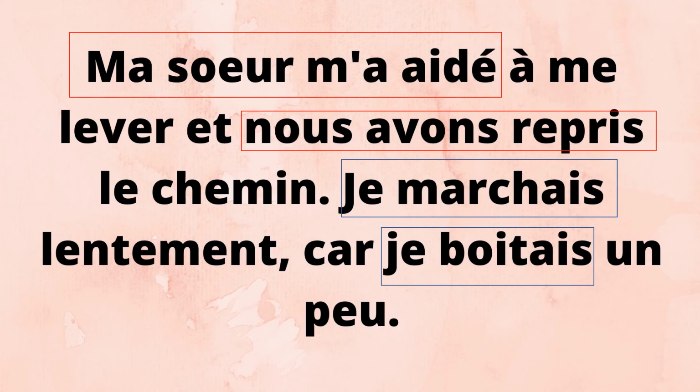So, ma sœur m'a aidé à me lever et nous avons repris. Again, we have the passé composé. We continued the route or got back on the route. Sometimes these things can be a little difficult to put in English. So, reprendre literally means to retake.